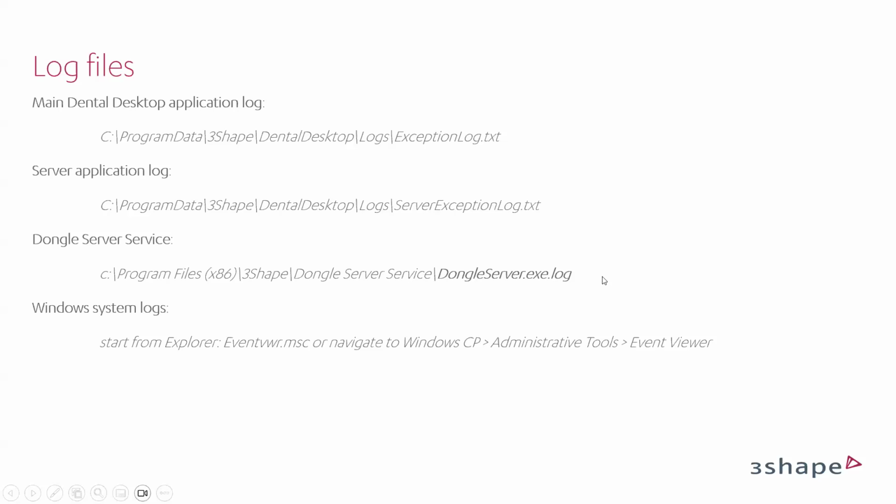The Windows system log can be started from Explorer, or the event viewer command can be used with the help of the command prompt, and also via administrative tools, event viewer.